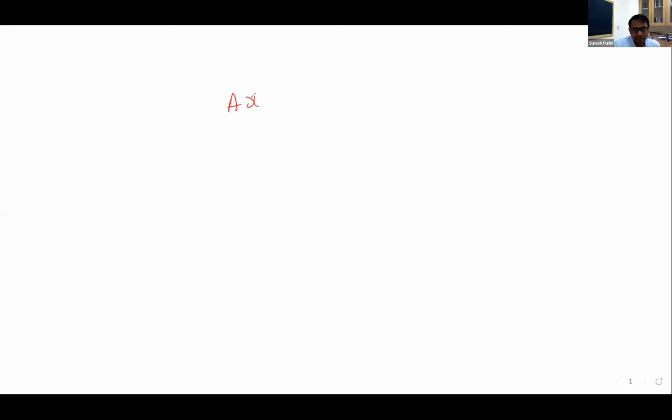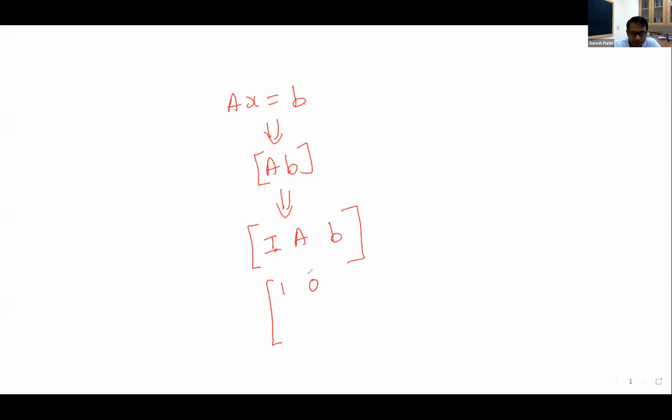So we have the matrix AX is equal to B. From this, we construct this augmented matrix, and we put A, I, A, B. Okay. And so, can someone give me some nice, easy matrix to work with? Maybe easy equations to work with. We can try it out.